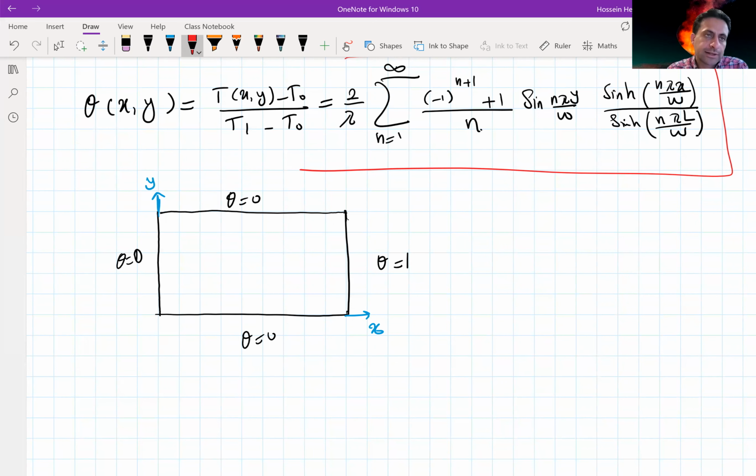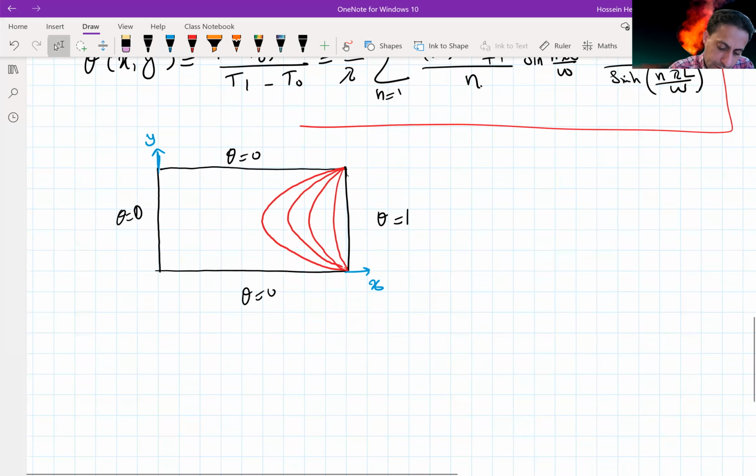Now, if you plot that, the isotherms are going to look like this. And it can go all the way.